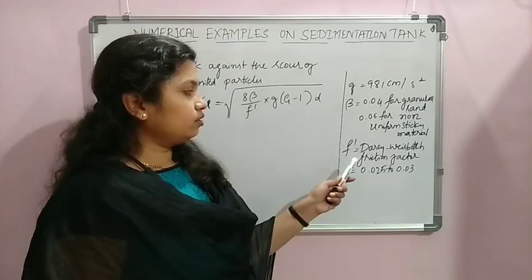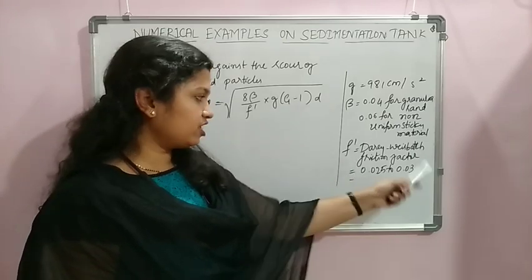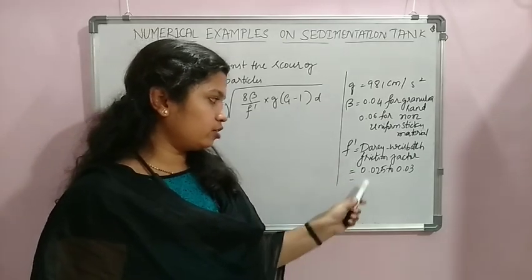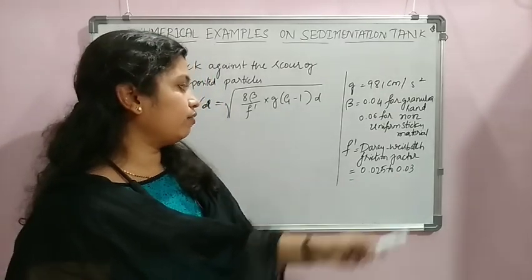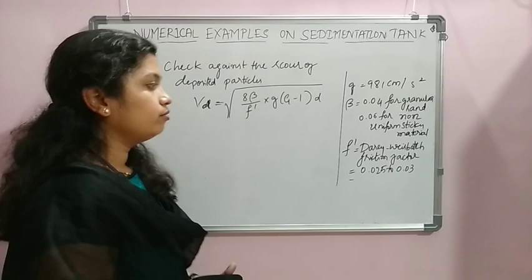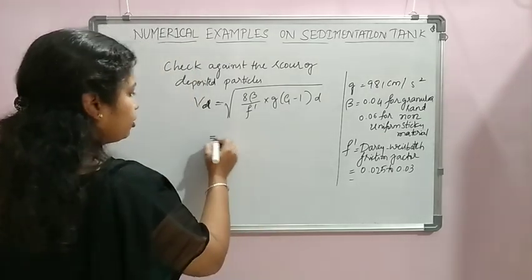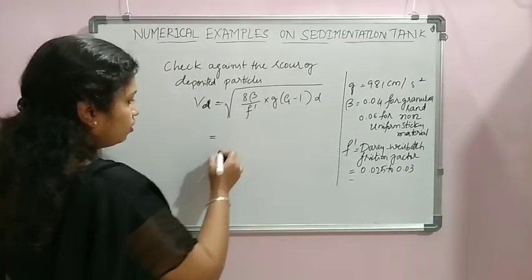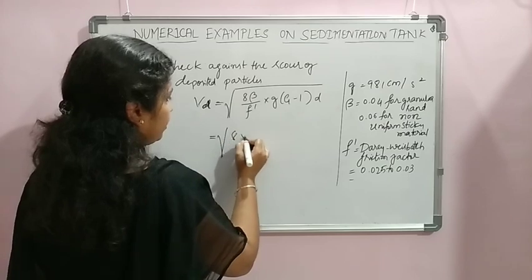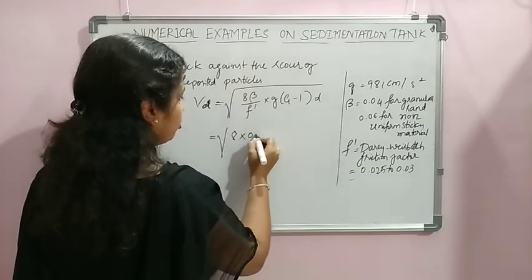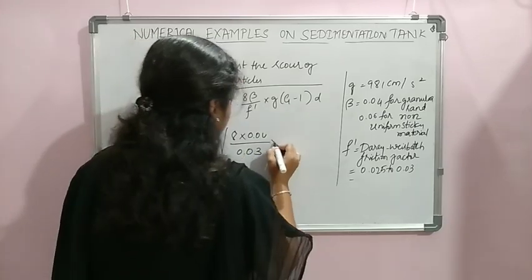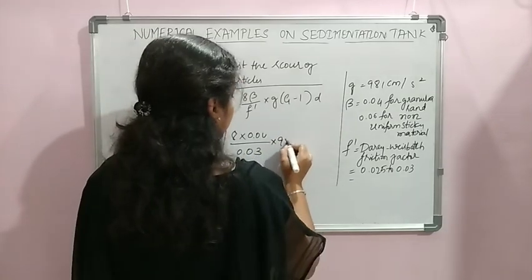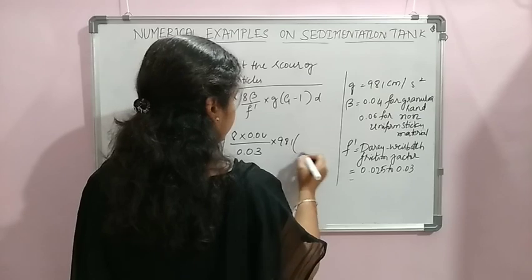Next, f dash is the Darcy-Weisbach friction factor. We have the value as 0.025 to 0.03. Here we will go for the higher value for the friction factor. So let us substitute all the data into the formula. Let us take 8 into beta value 0.04 divided by friction factor 0.03 into 981 centimeters per second square.